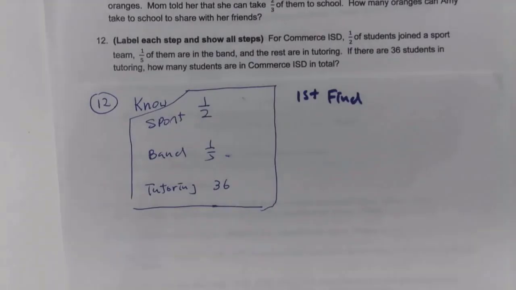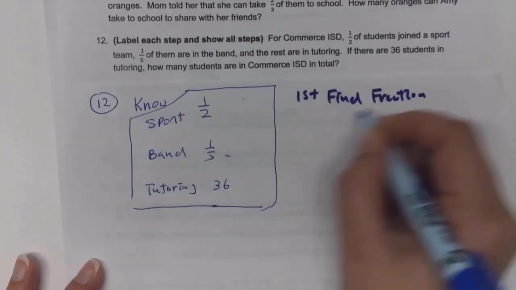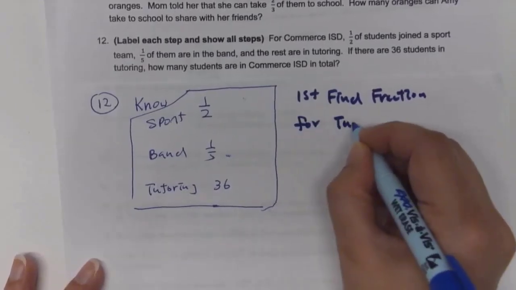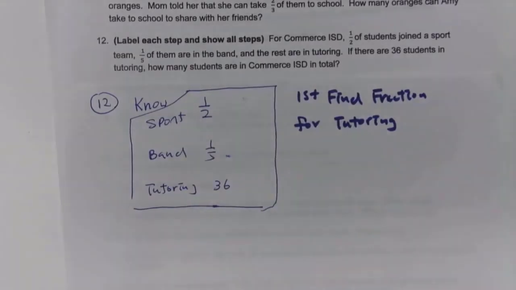Finding the fraction for tutoring. So find the fractions for tutoring. So once we have that, then we will have fractions, right? So that would help us to solve this problem. But how do we find the fractions for tutoring?